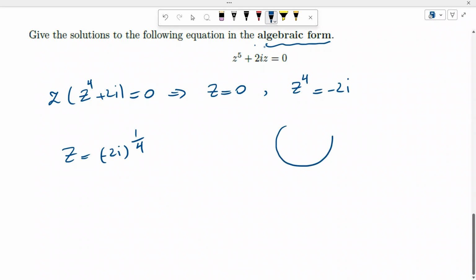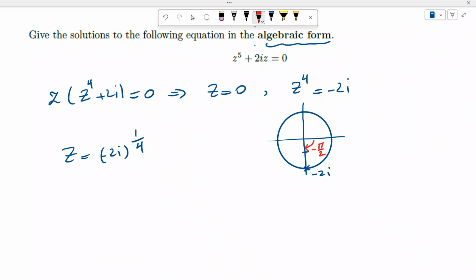So where is minus 2i? Minus 2i is somewhere on the y-axis. This is 2, it is here. So this is minus 2i. Now we know that the arg of this is minus pi over 2.